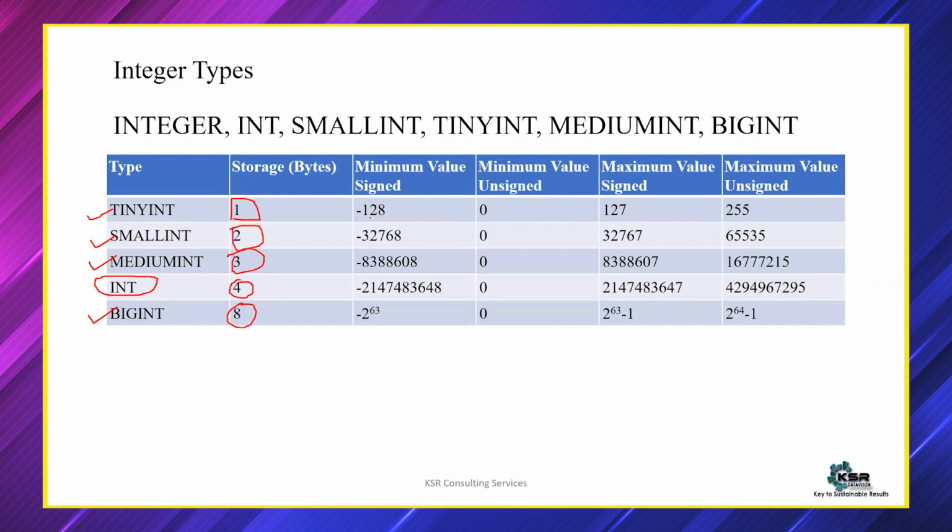Tinyint can accommodate from minus 128 to plus 127, so 255 integer values. Smallint can accommodate from minus 32768 to plus 32767. Mediumint accommodates from this value to this value, negative to positive.